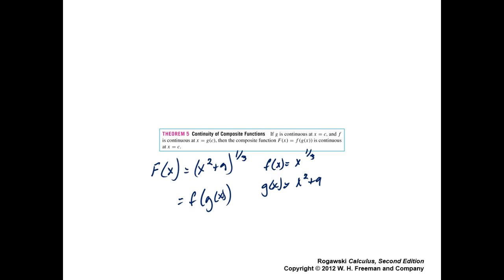How about this one? Alpha of x is equal to cosine of x to the minus 1. Have I got that right? Where is that continuous? All real numbers?